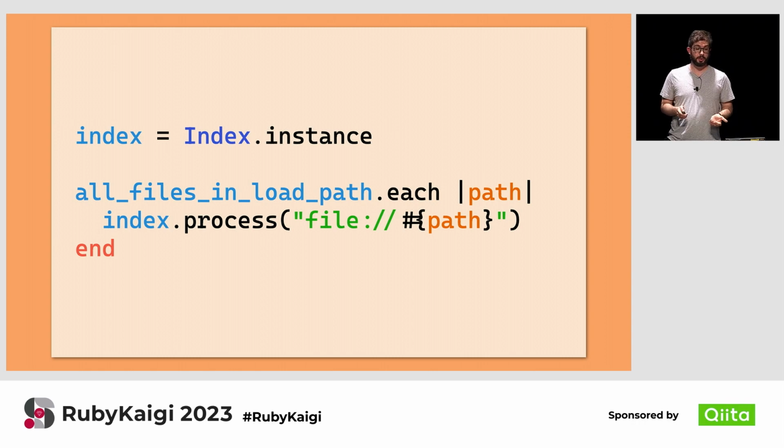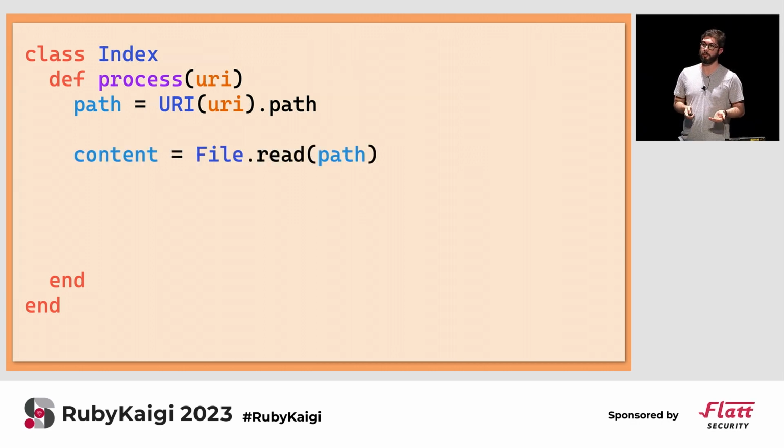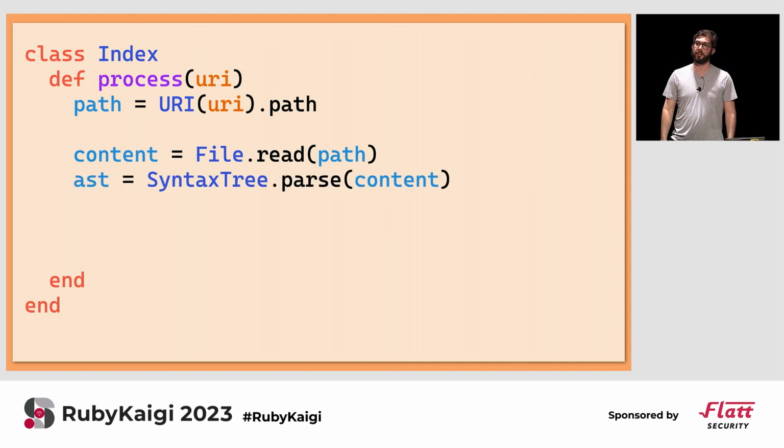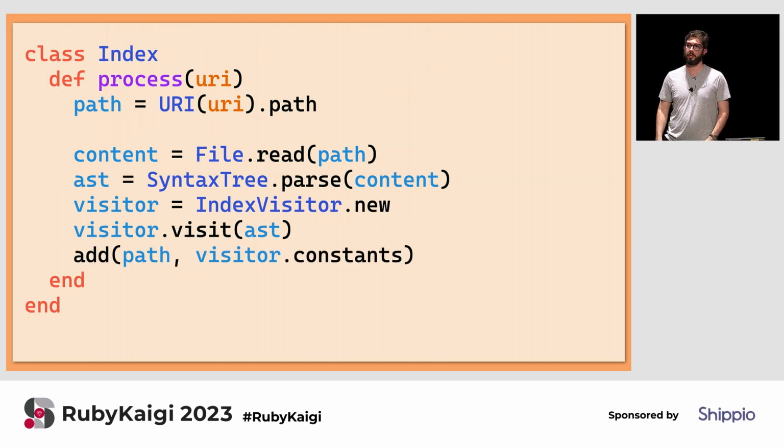And then the implementation for process, we're going to be extracting that file path from the URI. We read the contents of the file, parse them into an AST, use our visitor to extract all of the class declarations from that AST, and then we use our add method to push everything into the knowledge object, into the knowledge hash.